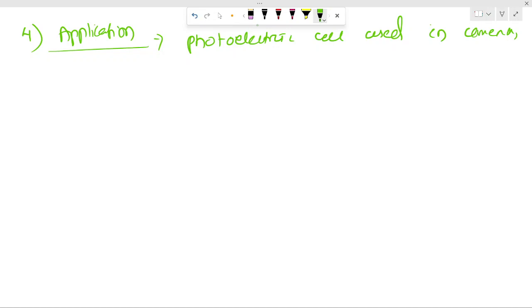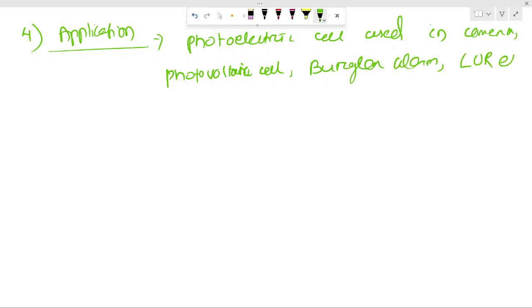In camera, we use the photoelectric effect. That is also a phenomenon of your photoelectric effect. And photovoltaic cell and burglar alarm, there also the photoelectric effect is used, and so on.